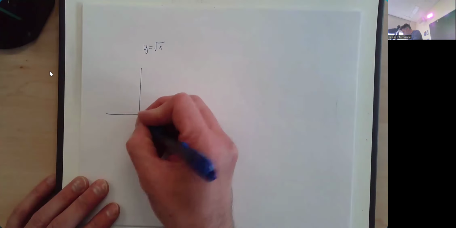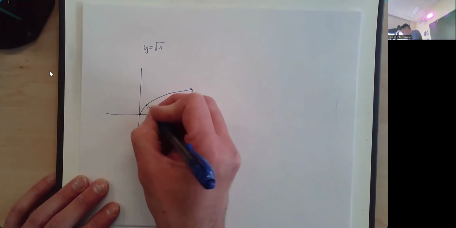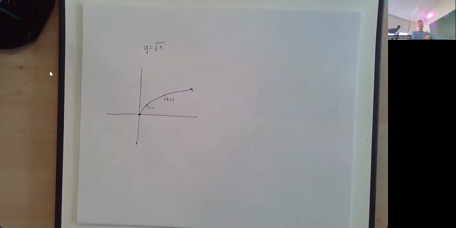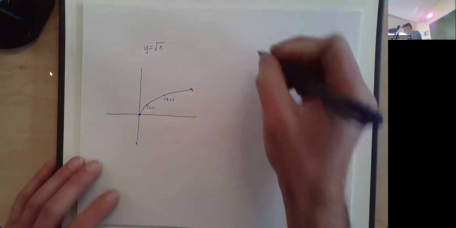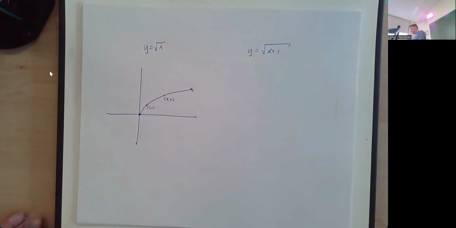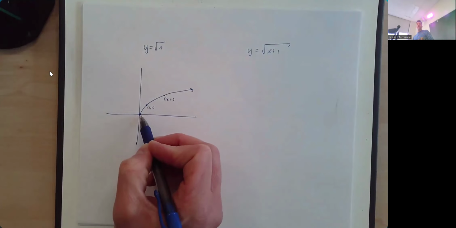And then it has this usual shape. You got the point 0, 0, and 1, 1, 4, 2, and lots of other points that are less nice, but those are the ones we often think about plotting. Well, if I want to look at the graph of y equal to the square root of x plus 1, to get the same y value of 0, x has to be 1 less than it was before.